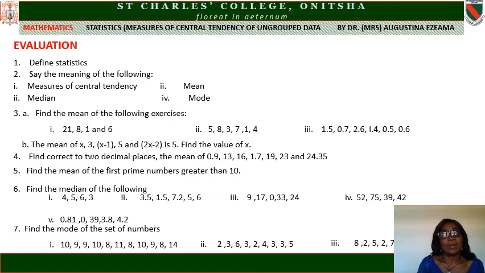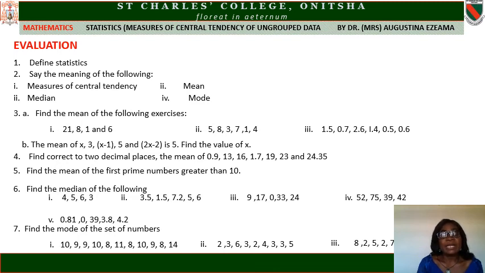0.6. B part of it says the mean of x, 3, (x minus 1), 5, and (2x minus 2) is 5. Find the value of x. Number 4.